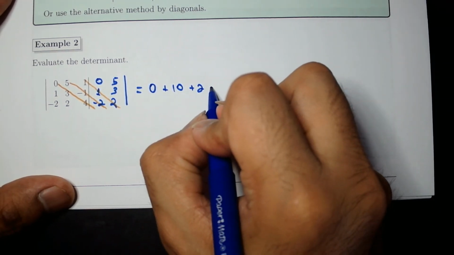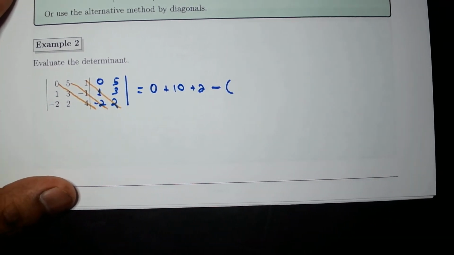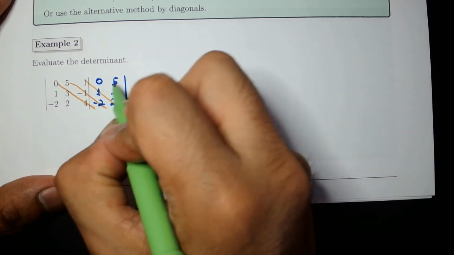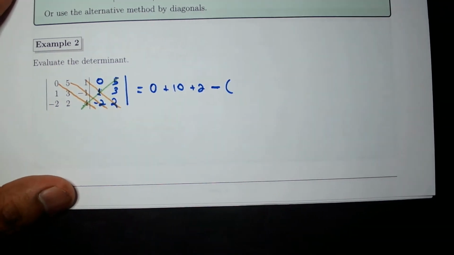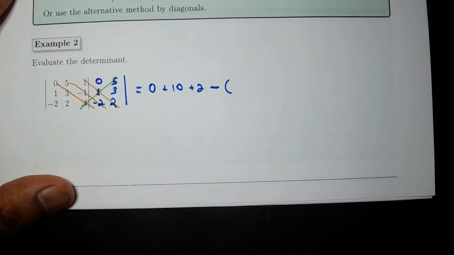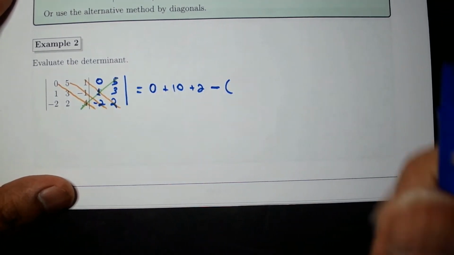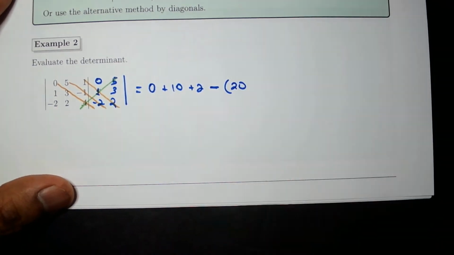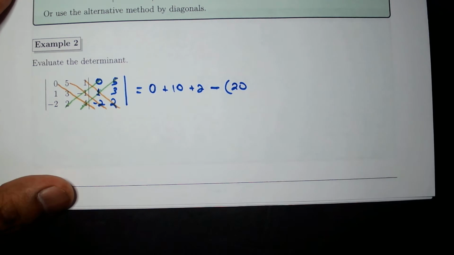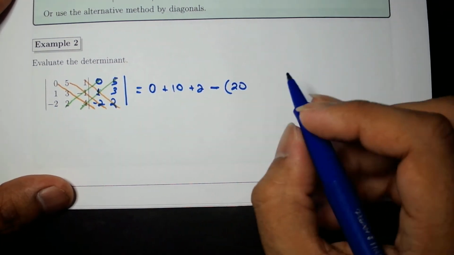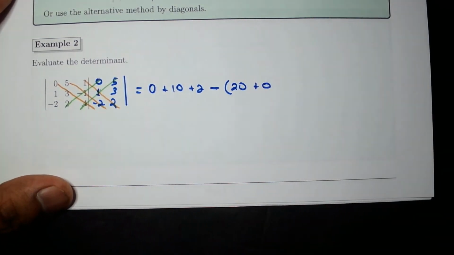And then we subtract the products of the elements that go in the backwards direction. 5 times 1 times 4, that's positive 20. And then 0 times -2 times 2, that's 0.